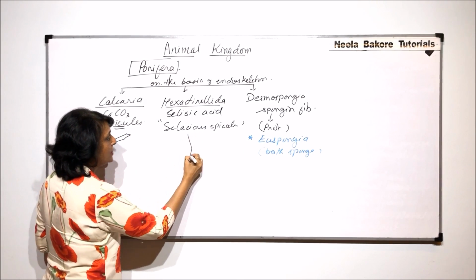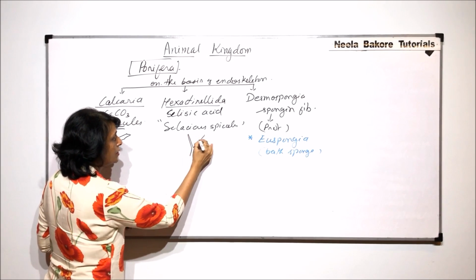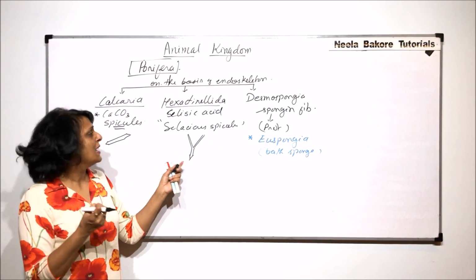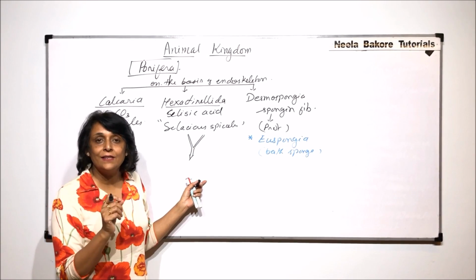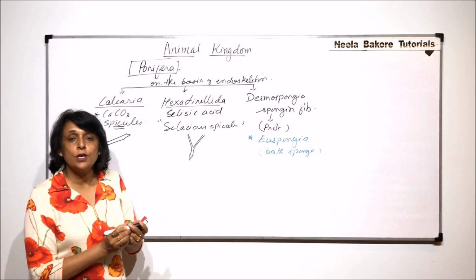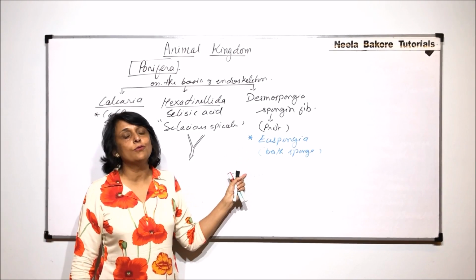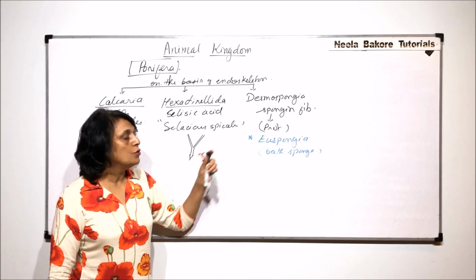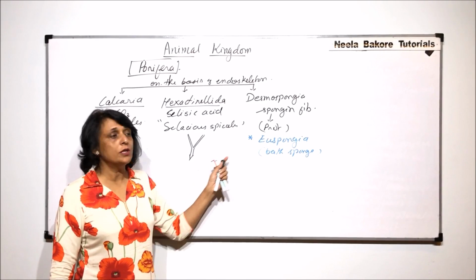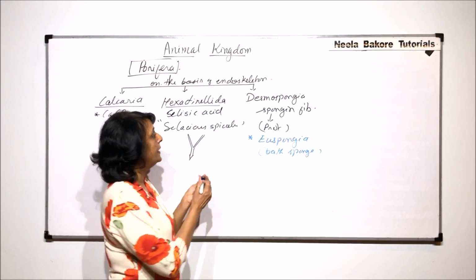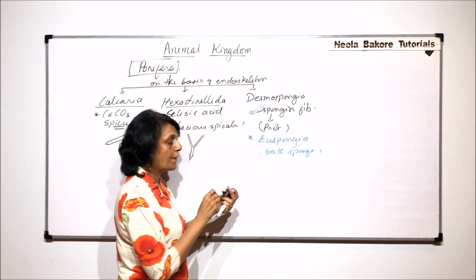They can be branched or unbranched structures, but they are pointed. So if sponge has pointed structures, needle-like structures, we cannot use it to rub that sponge on our body, or we cannot use it as bath sponge. So Euspongia, which is a bath sponge, that is from this class, and the reason is this spongin fiber.